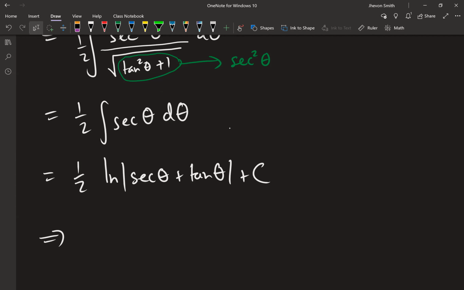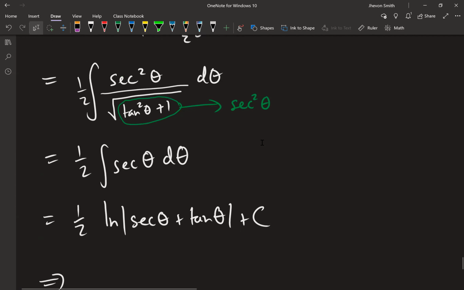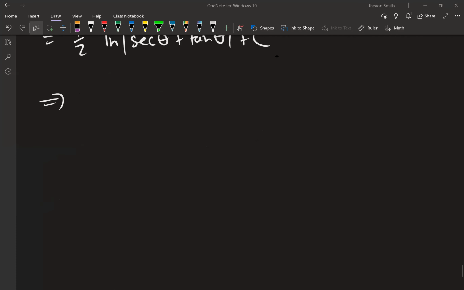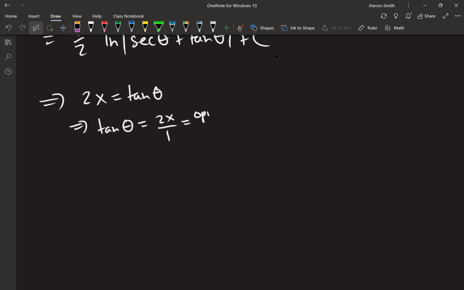And now we go through and we do the back substitution. So we know that 2x was equal to tangent theta. This means that it's already isolated. Your tan theta, you think of it as 2x divided by 1, which you think of as opposite over adjacent. You can draw the triangle, opposite, adjacent. The hypotenuse would be the square root of this squared plus that squared by Pythagoras' theorem.